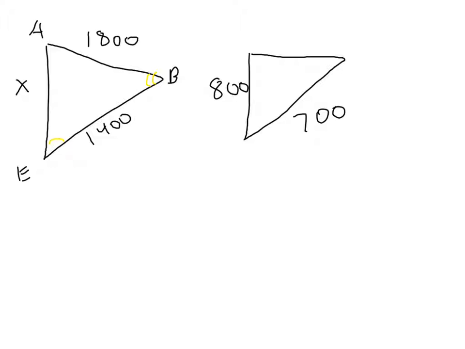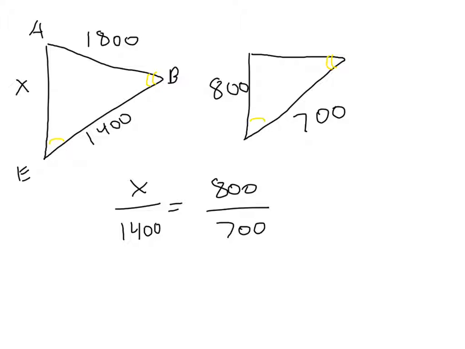Because, again, let me get a different color out. These two are congruent, and these are congruent. And this is great news for me, because now I can set up a ratio. I can now say this side over here on the left, x, over my other side, 1,400, is equal to the corresponding vertical side, AE, so it'll be 800 over here, and then also 700 over here.